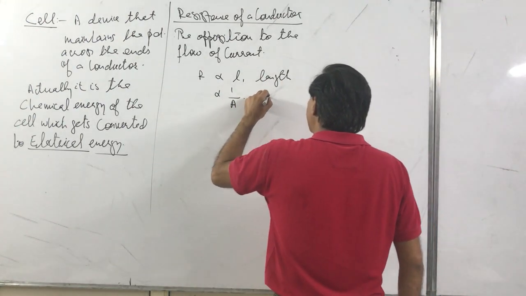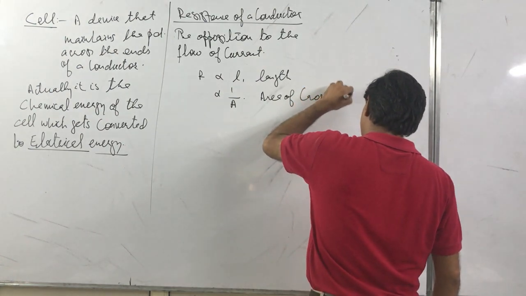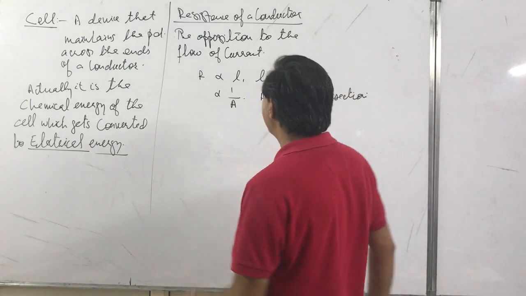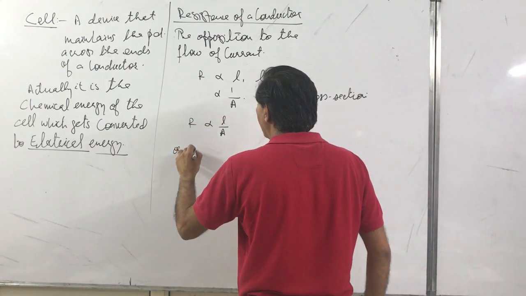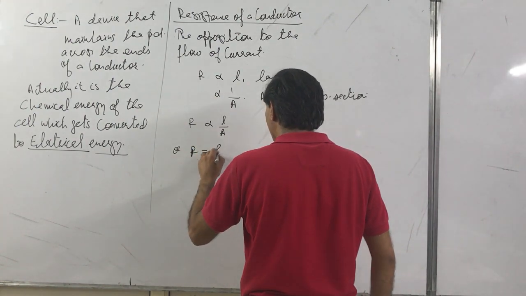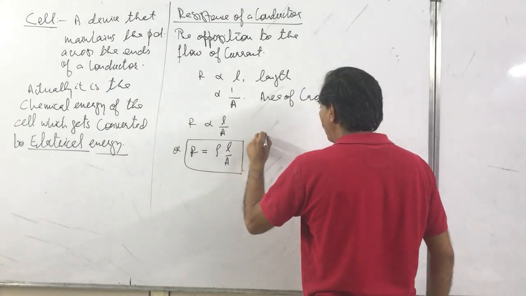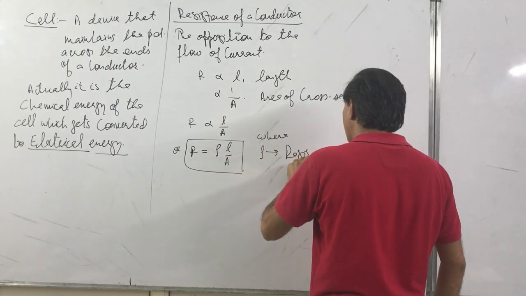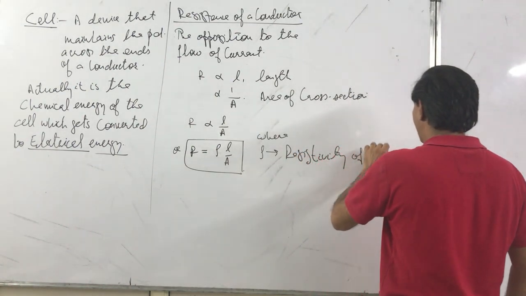A is the area of cross section. Thus combining them, we get R is proportional to L over A, or R is equal to rho L by A, where rho is called resistivity of the conductor.